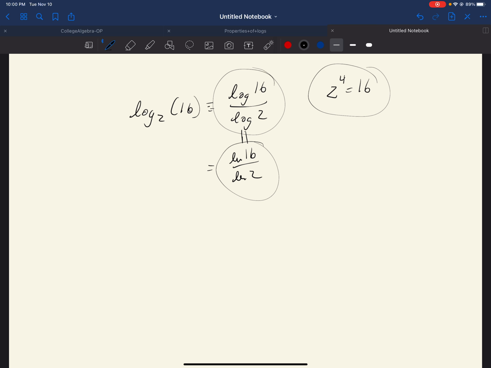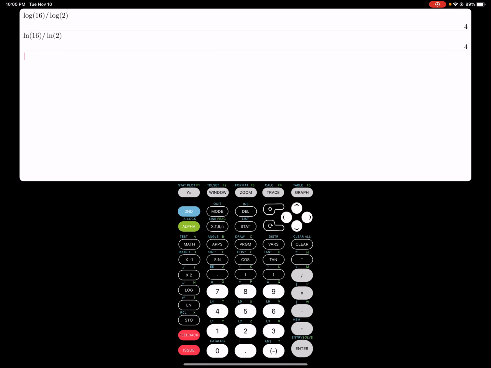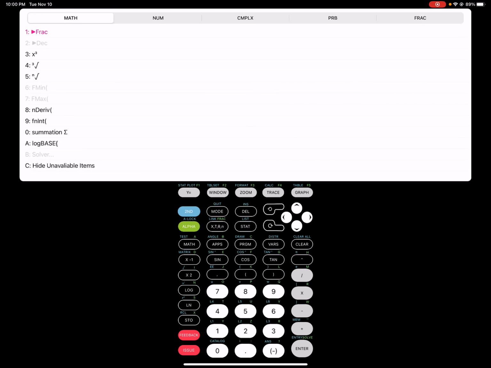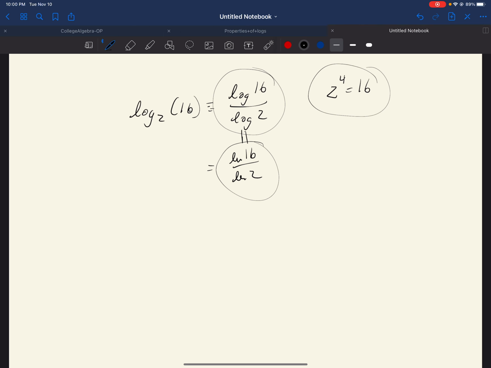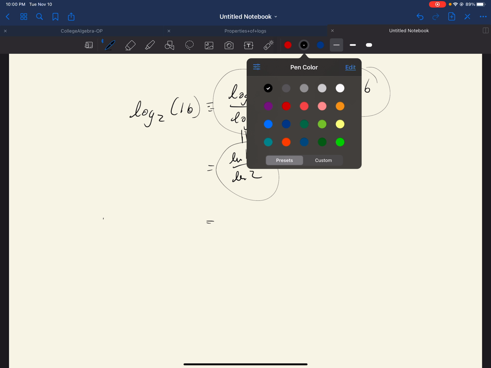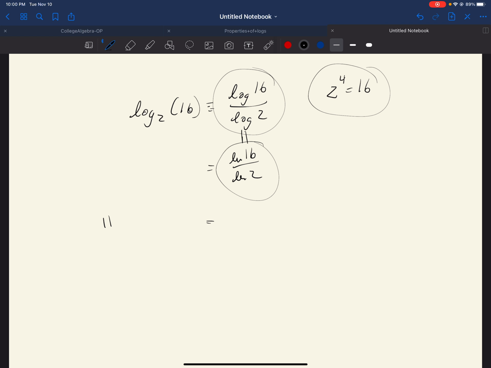I'm going to try something, and I don't know if this works, so bear with me for 1 sec. I think in the math menu, if I go down here to option A, it has log base. If I use that command, I can change it to any other base that I want. If we were in class, I would let you guys pick, but I'm going to pick for us. I'm thinking 11. For whatever reason, I like the number 11 right now.